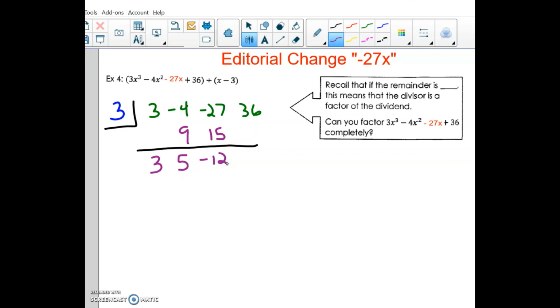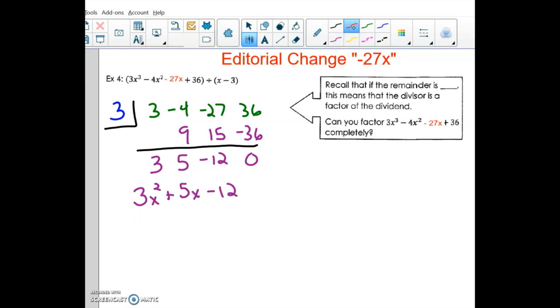And 3 times negative 12 is negative 36, which gives me a remainder of 0. So let's write the polynomial in depressed form. So we will reduce the exponent by 1. 3x squared plus 5x minus 12. No remainder.